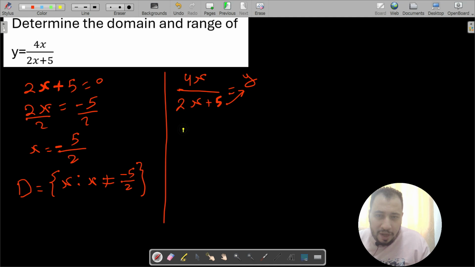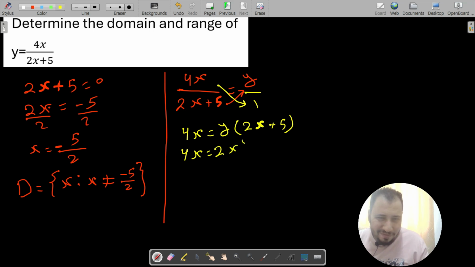We will have 4x equals 4x, because here it's like over 1, and when you multiply 4x by 1, it's just 4x, equals y multiplied by 2x plus 5. Let's expand this bracket. So 4x equals 2xy plus 5y.